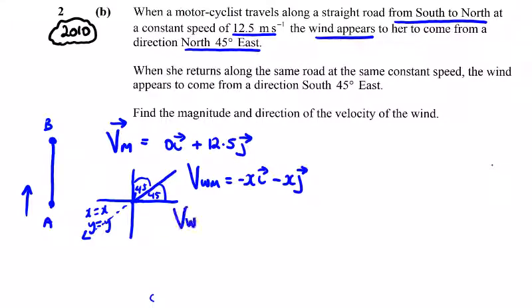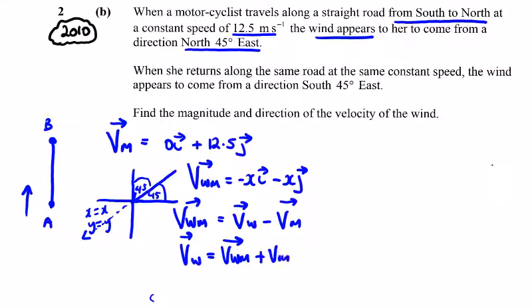And the velocity of the wind relative to the man is equal to the velocity of the wind minus the velocity of the man, or the motorcyclist. It could be a woman. So the velocity of the wind is equal to the velocity of the wind relative to the man plus the velocity of the man. Now, I know you all know that anyway, but just write it out and take your time.